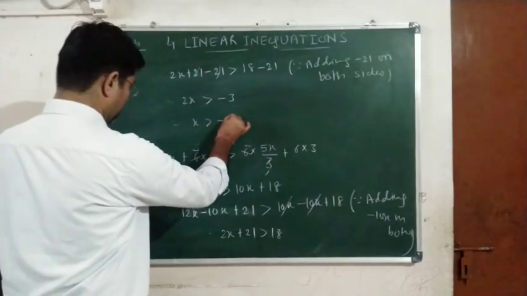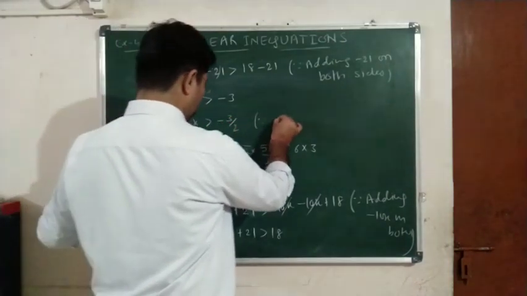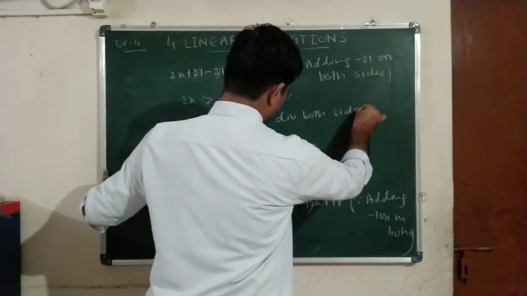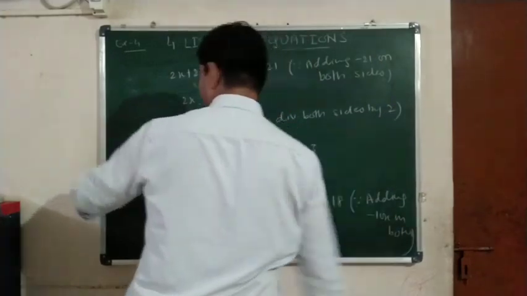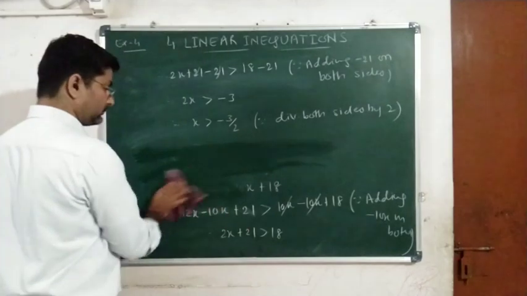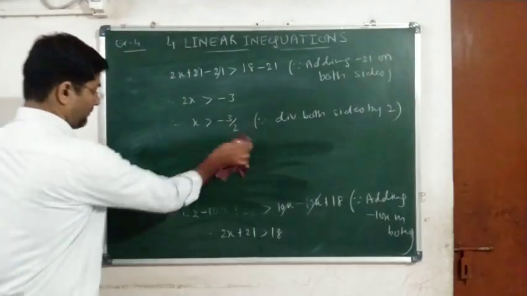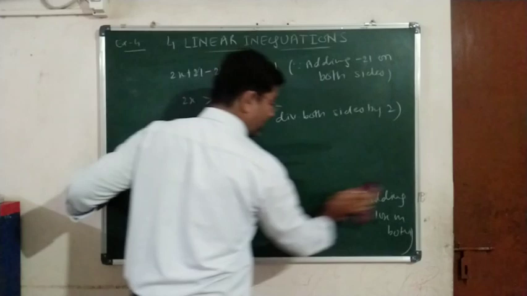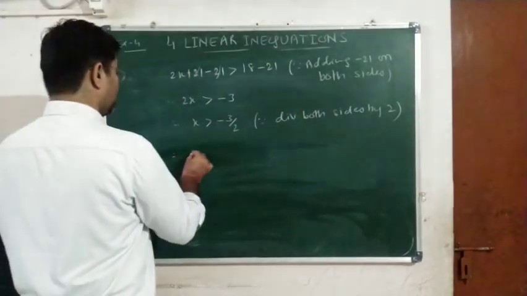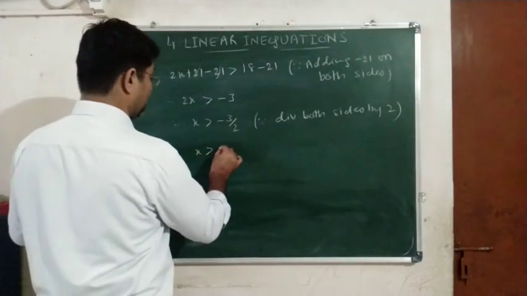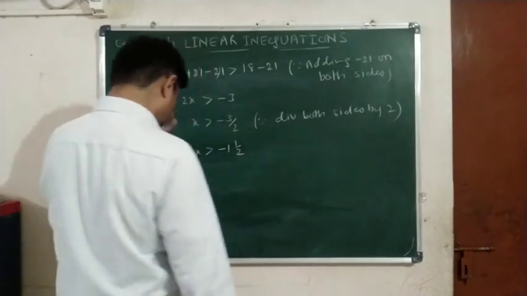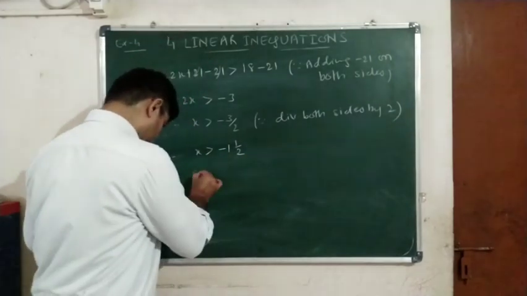Therefore x is greater than minus 3 upon 2, and therefore we got the solution. x is greater than minus 1 and 1 upon 2. So what will be the solution set?